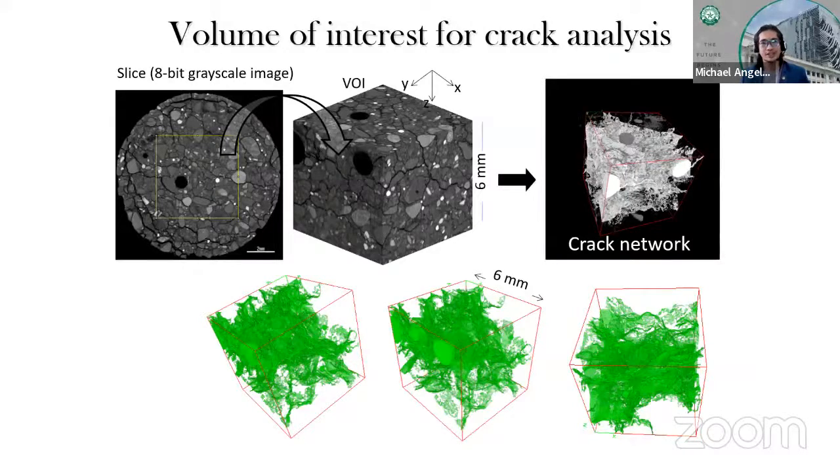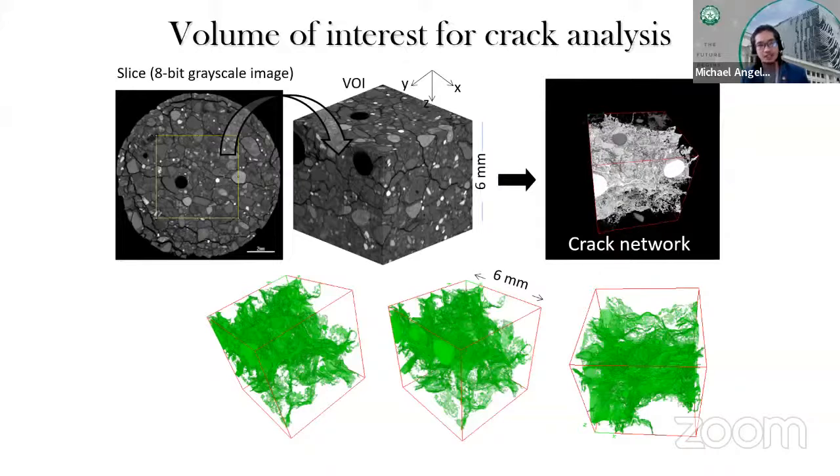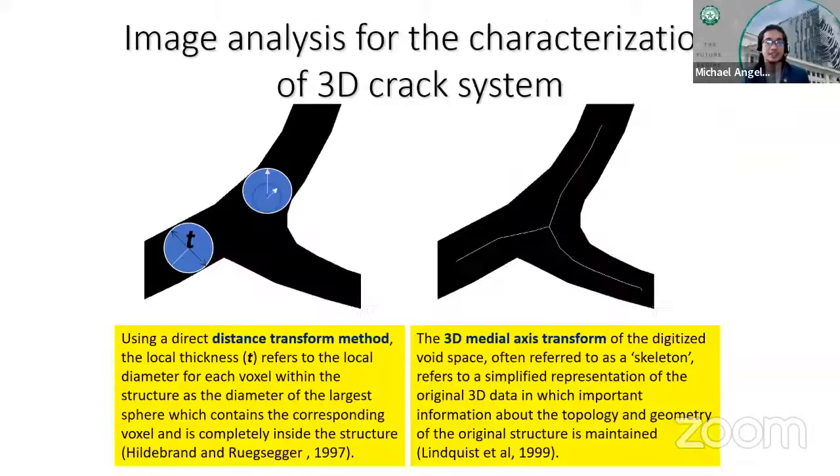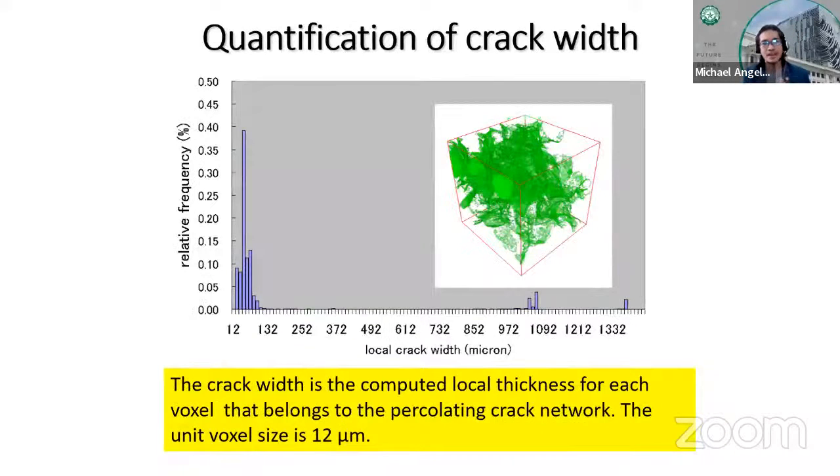And of course, we can do further study by looking at the volume of interest that contains this crack network and apply additional sophisticated image analysis like the local thickness algorithm and the 3D medial axis transform or skeletonization. So with these algorithms, we can measure, for example, the crack width and come up with a crack width distribution out of this CT image.